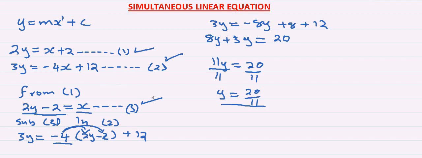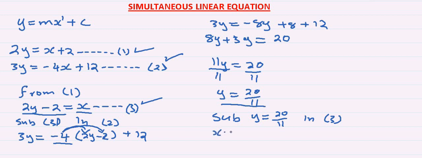So since on equation 3 we already made x the subject of the formula, you will substitute your y value in equation 3. You must state where you have substituted your y value. Then you're going to say substitute y, which is equal to 20 over 11, in which equation? In equation number 3.